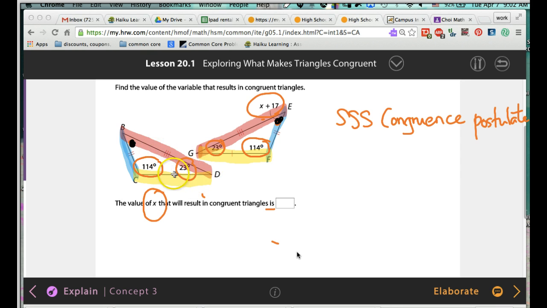Yes, it's supposed to be 180 degrees. In other words, the black dot, which I'm going to just draw literally right here, plus 114 plus 23 has to equal 180 degrees, right? So what we're going to do is we're going to add these 2, and that's going to give me the black dot plus 114 plus 23 is what, guys?